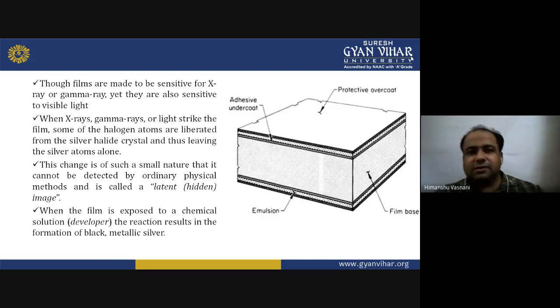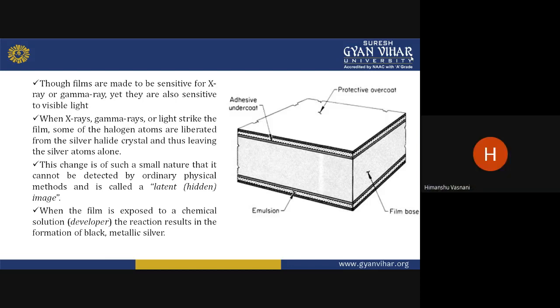This change is of such a small nature that it cannot be detected by ordinary physical methods and is called a hidden image, a latent image. So when the film is exposed to a chemical solution or a developer, the reaction results in the formation of black metallic silver.